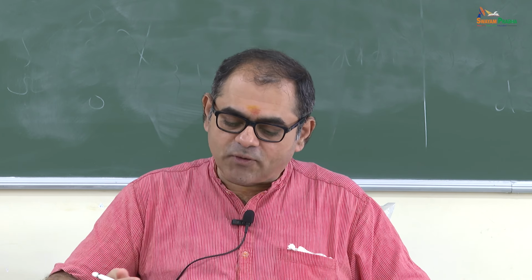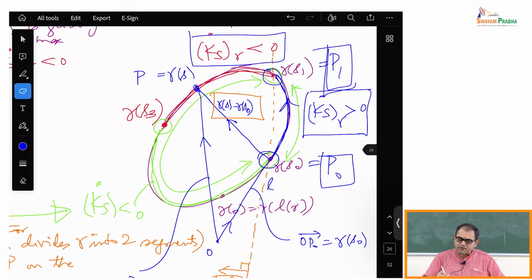So what you do is that you take this point P1 and then you take this point P0, okay, which separate the curve into two segments, and then you look at this line L, which passes through P0 and P1, all right.